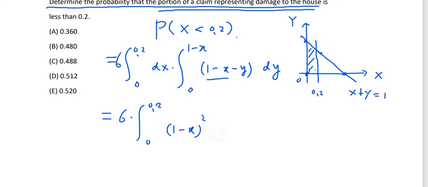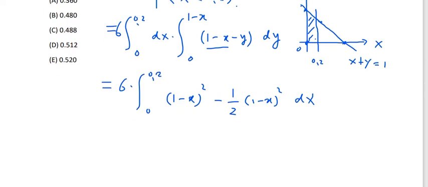Minus, y integrated out is half y squared, so half of (1 minus x) squared. So this equals 3 times the integral from 0 to 0.2 of (1 minus x) squared dx.